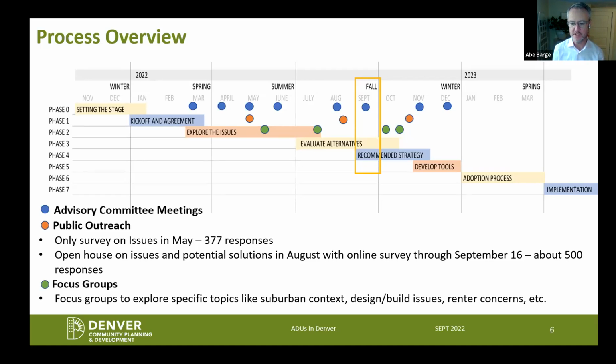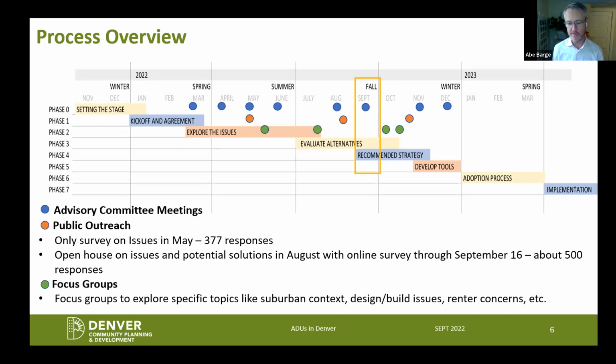A detached accessory dwelling unit is what most people want to talk about, and what we've mostly talked about in this project: the separate accessory structures that have an ADU in them. That's like an alley house or a cottage, or the sort of alley flat. There's lots of different names people give them.